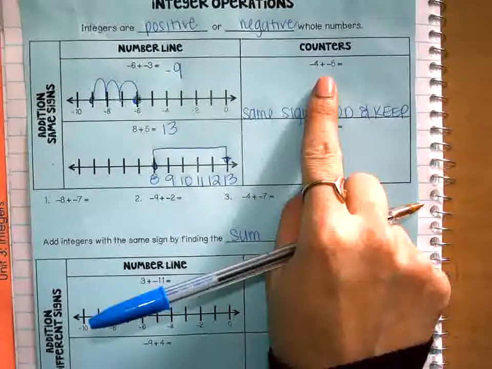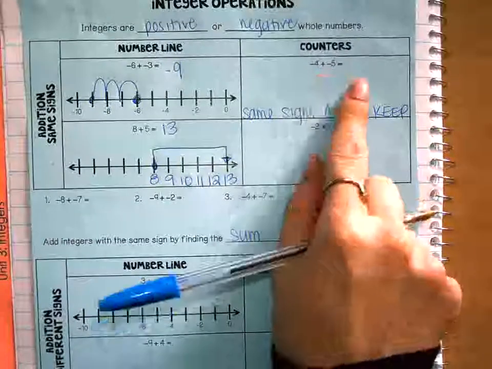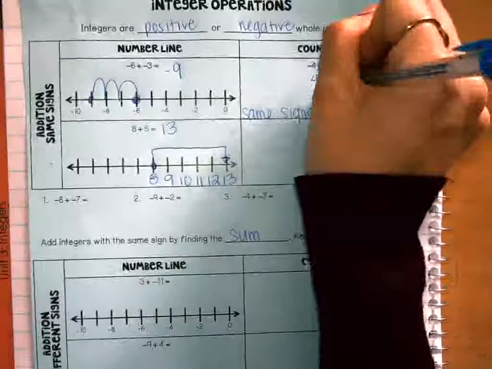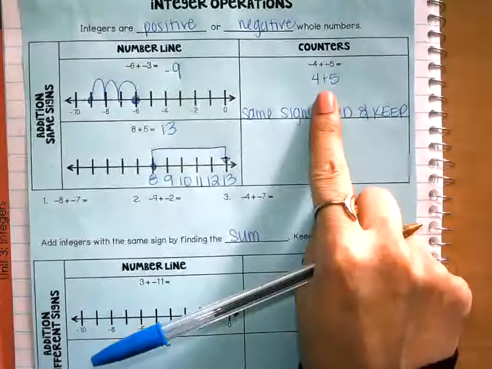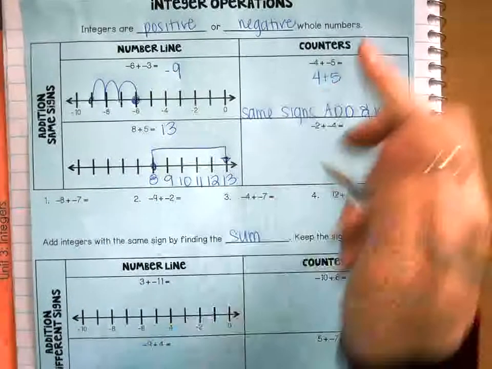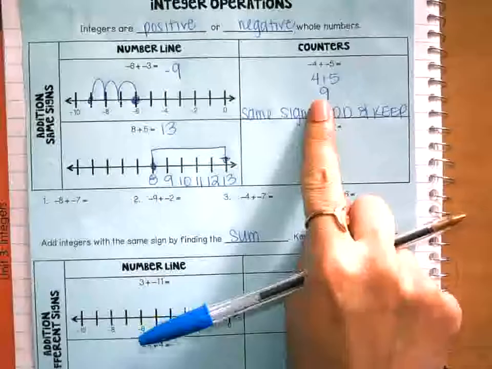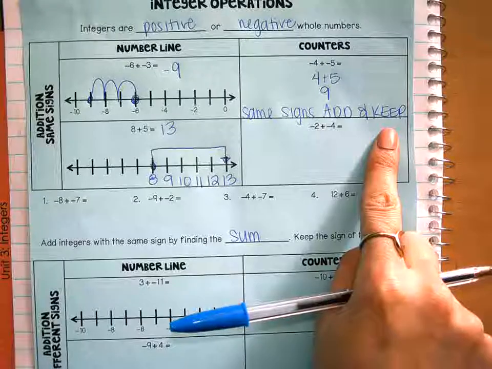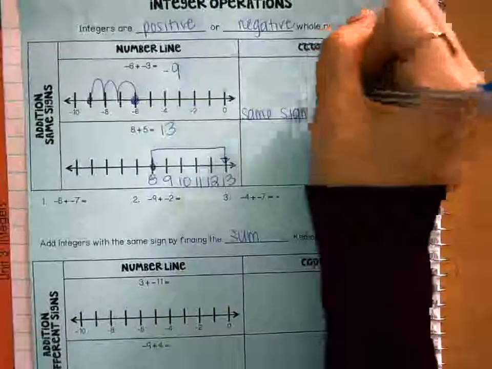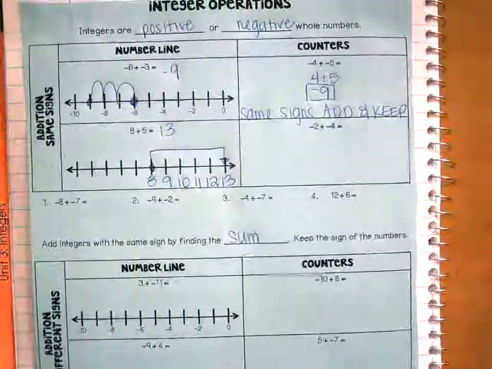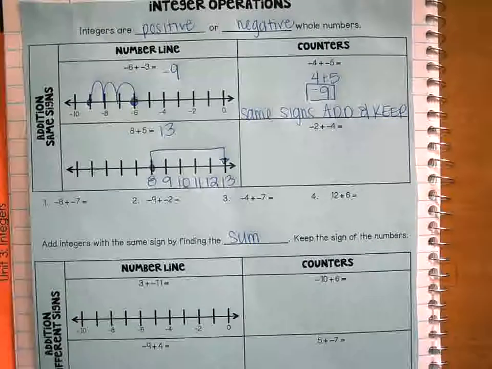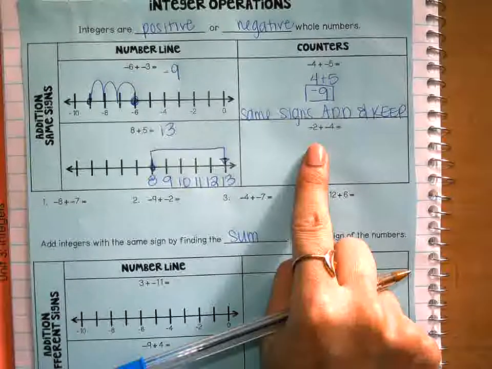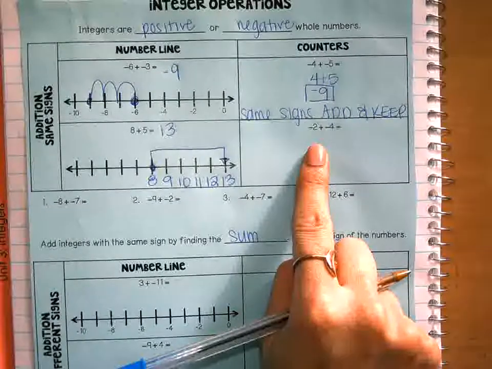So right here, guys, are my signs the same or are they different? So that means I'm going to do 4 plus 5. And what is 4 plus 5? 9. And then I want to keep my sign. Is my sign a negative or a positive? Negative. So my answer is a negative 9. Right here, are my signs the same or are they different?